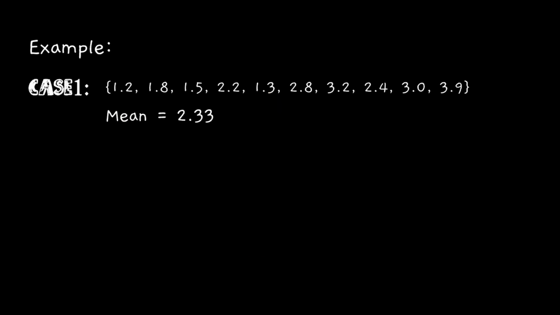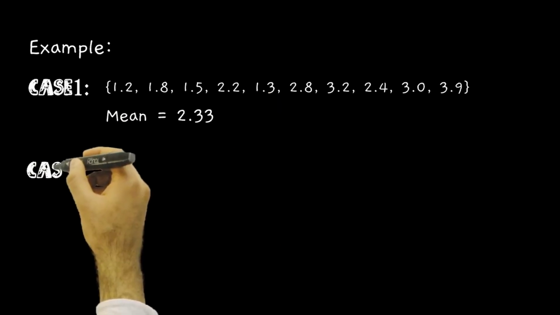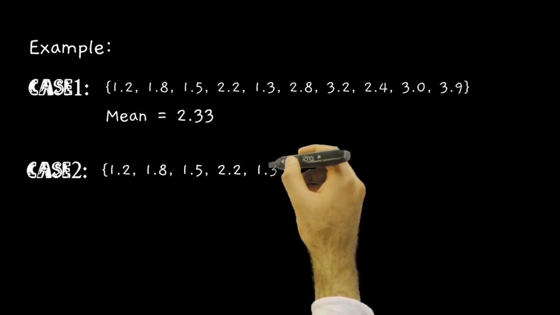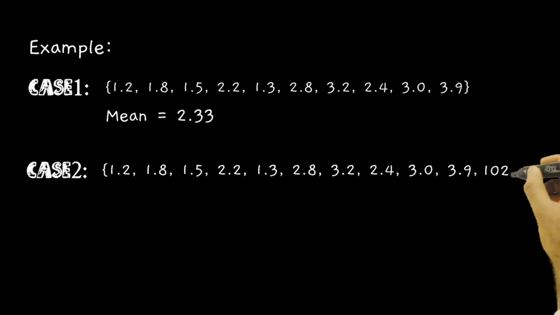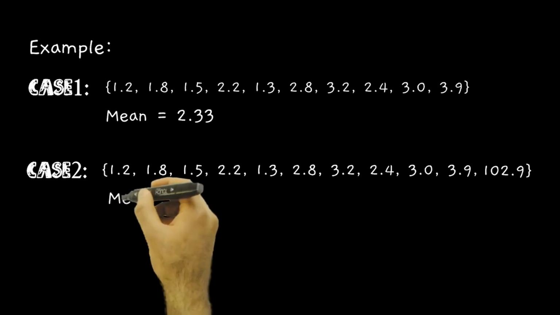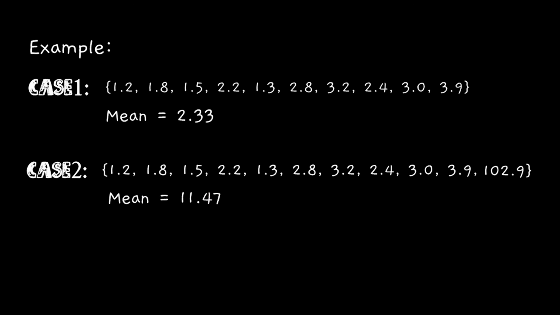Now let's say I have observations like this: 1.2, 1.8, 1.5, 2.2, 1.3, 2.8, 3.2, 2.4, 3.0, 3.9, 102.9. In this case, the mean is 11.47.